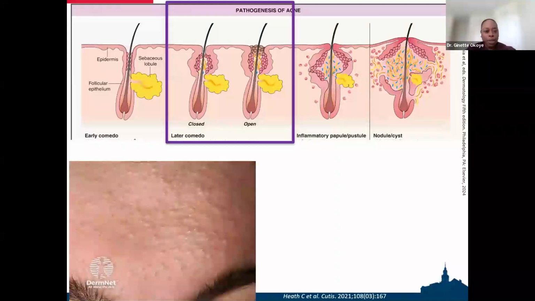So let me show you some pictures. This is what's called a closed comedone, which is basically that area of occlusion starts below that. It starts to expand a little bit. It stretches the hair follicle. And if it's covered by regular skin, that's called a closed comedone.